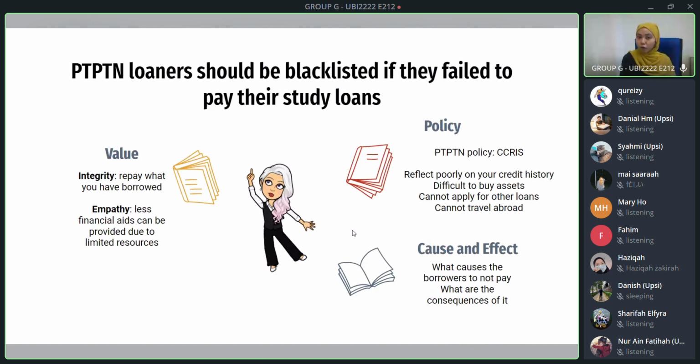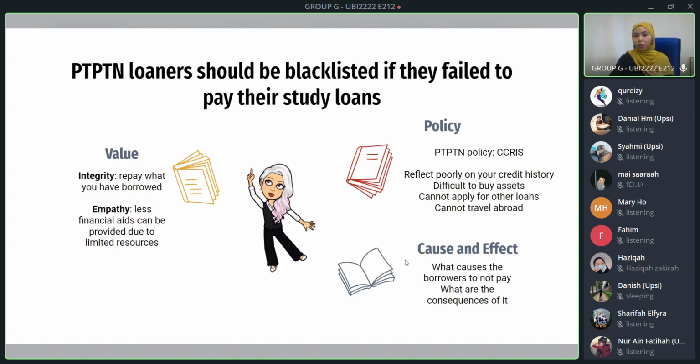So if any of you don't know, PTPTN is a kind of financial aid given to students who want to pursue their studies. And of course, it is a financial aid. It is supposed to be paid back. Unless you fall under special categories where you pass with very, very flying colors, then you don't have to pay back and regard them as scholarship.